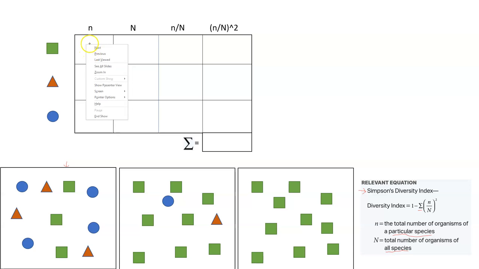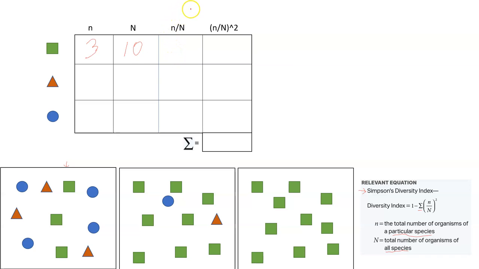I don't know why my pen is doing this, but it's really bothering me right now. Okay, big N represents the total number of organisms of all species. If we count up all of those squares, circles, triangles, you should come up with 10. 10 is big N.